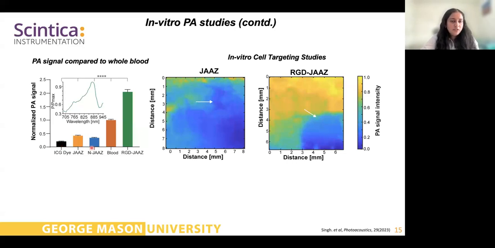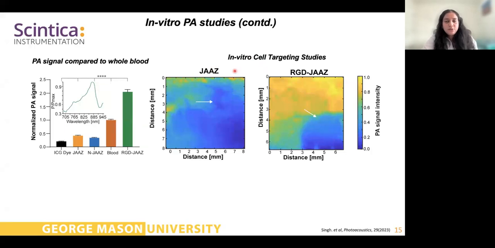The two different formulations that I talked about, along with the targeted RGD formulation, against blood. And as you can see, the targeted RGD-JAS formulation has a PA signal which is 2 times in excess of that of blood. So we were pretty confident that this can be a contrast that can be injected and you will be able to see it against blood.